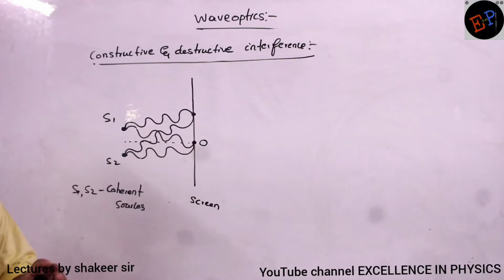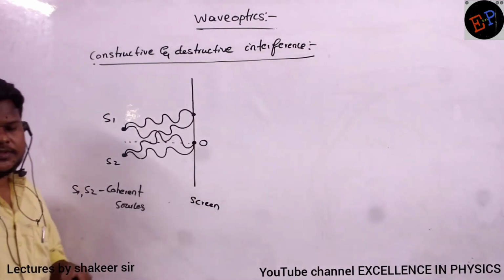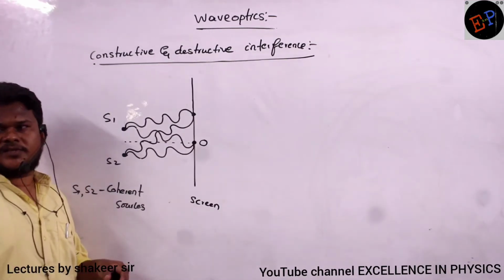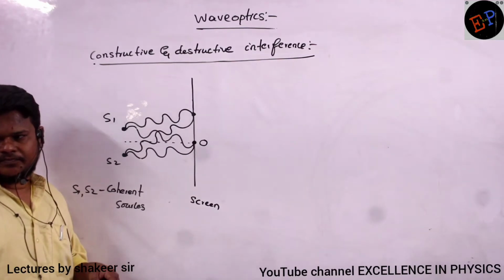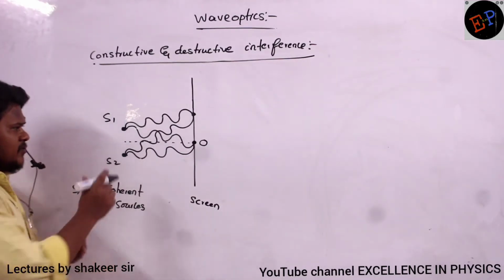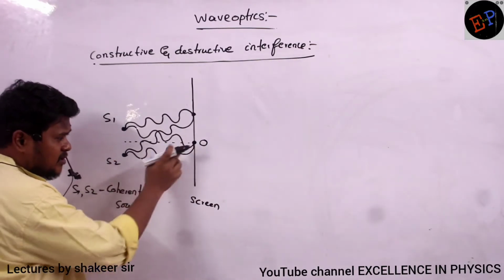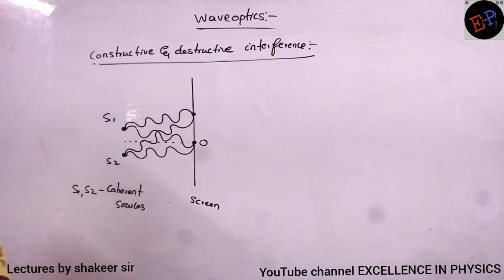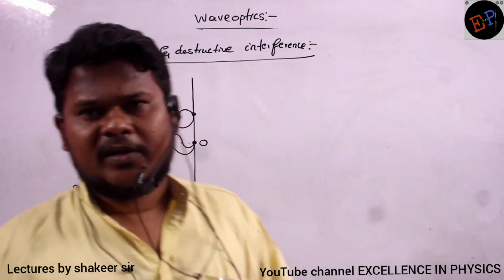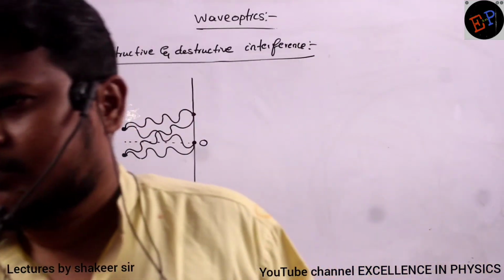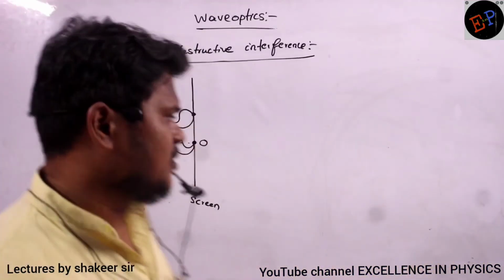Distance same kada? So therefore what do you understand? If distance is same, what do you understand? See, ma, from here to here, if 3 waves will reach, from here to here also 3 waves only will reach, no? Are you able to understand? Because what kind of sources we are taking? Coherent sources? No, see.